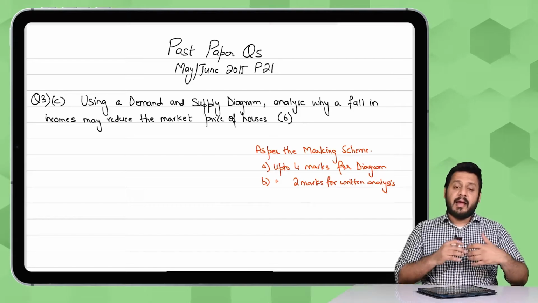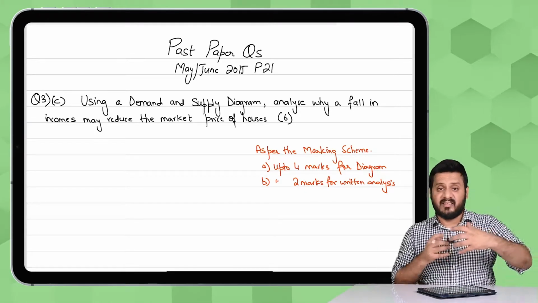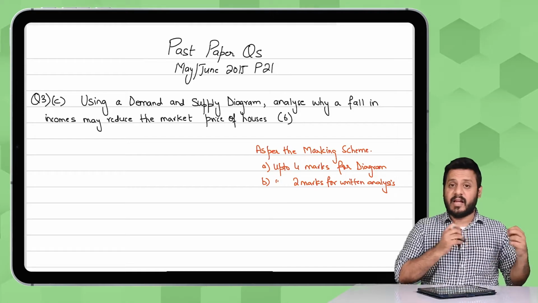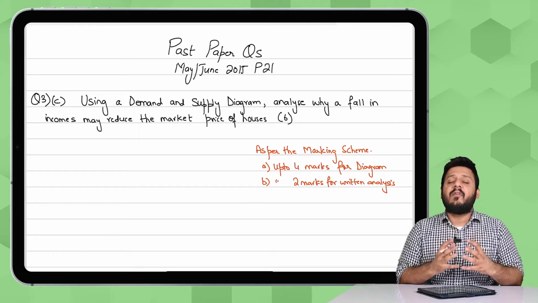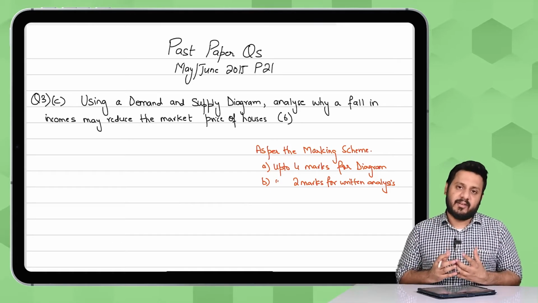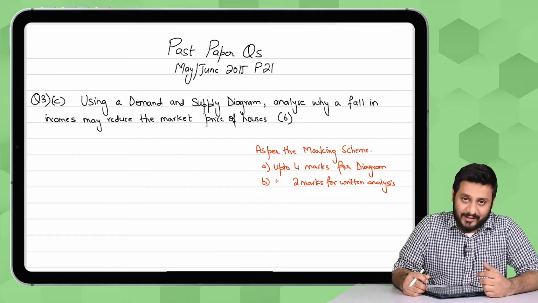Now analysis goes one step beyond that. Analysis requires you to give examples and diagrams, to give a more in-depth explanation of what the question is asking you to do.